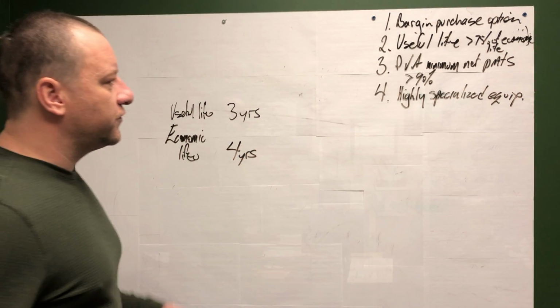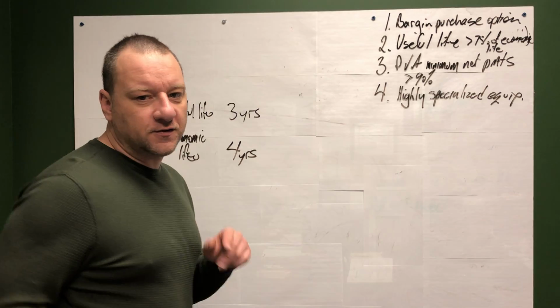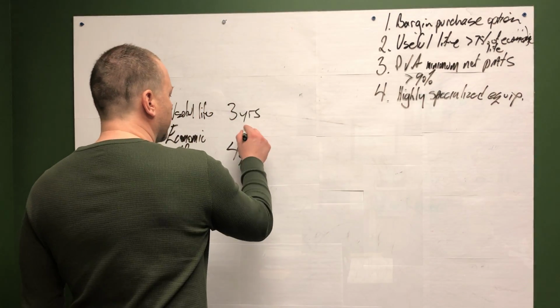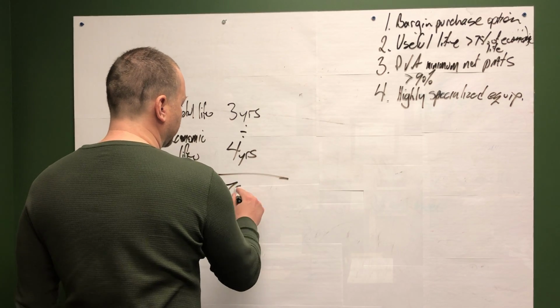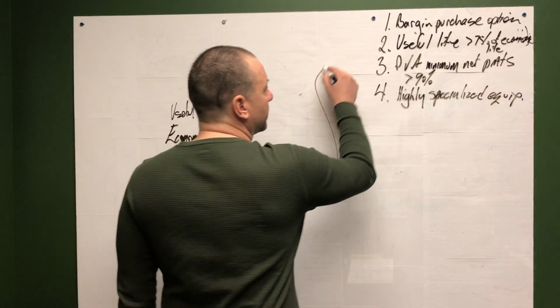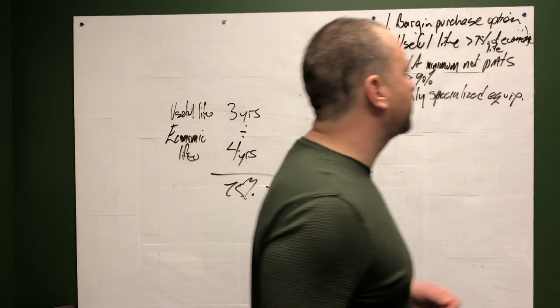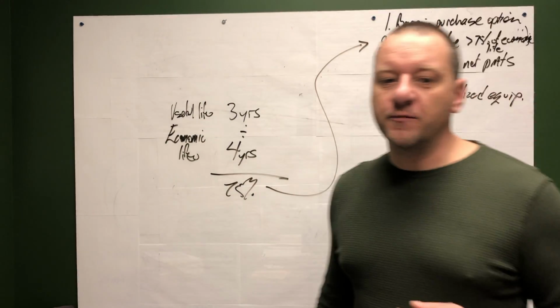If we're just using that criteria to determine is this lease a finance lease or an operating lease, 3 divided by 4 is going to give us 75%. So it meets this criteria of the useful life being equal to or greater than 75% of the economic life.